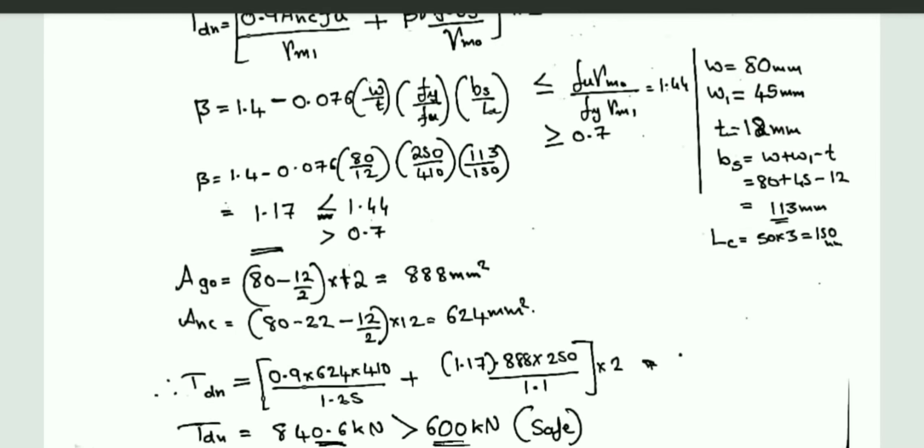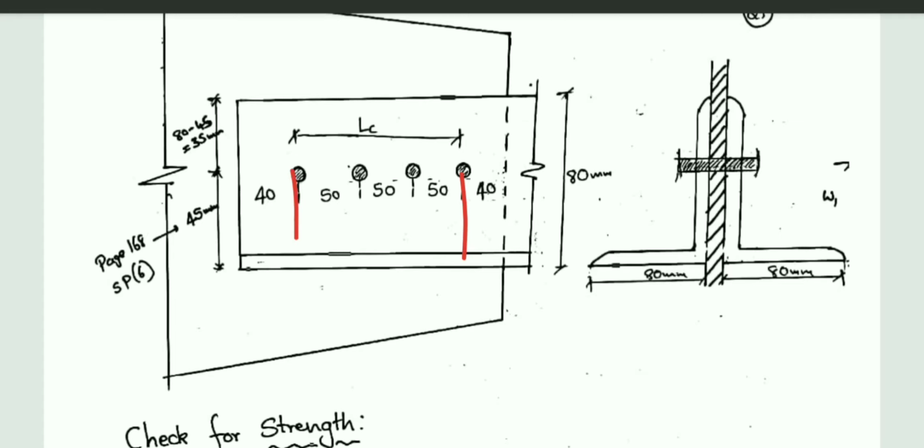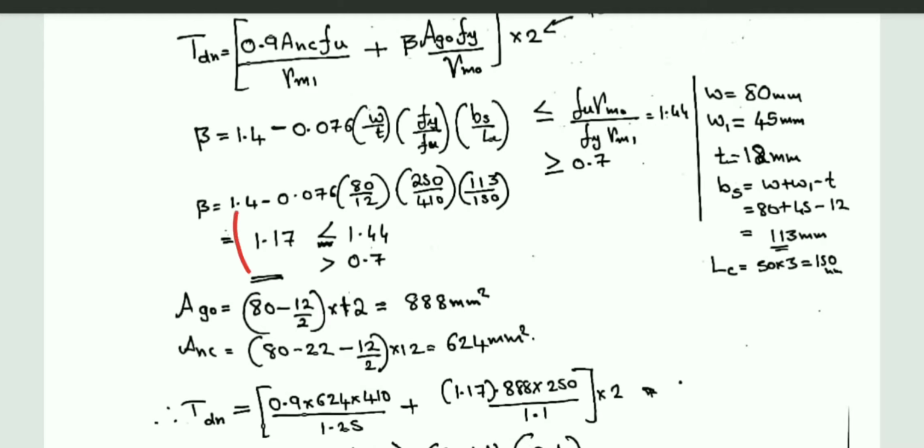And Lc is the center to center of the outermost bolts from here to here, 50, 50 and 50, so the total is 150 mm. By substituting all the values, we get 1.17, so it is lesser than 1.44 and greater than 0.7, so it satisfies those conditions.